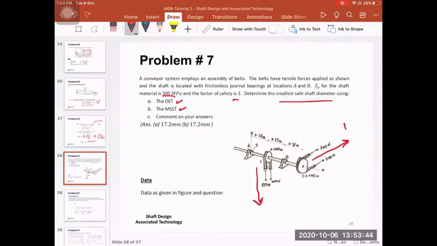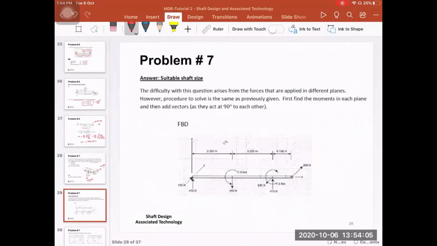So we have a horizontal plane, and then we have forces on the vertical plane as well. So we need to solve this problem in two different planes and then use the Pythagoras theorem to find the bending moment at points C and B, as you will see.